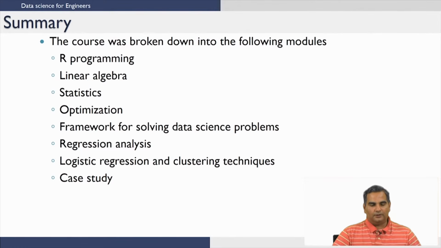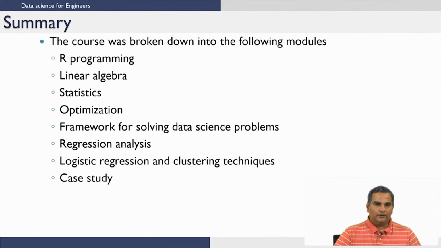We started with R programming as the programming platform for solving data science problems. So, we had a set of lectures explaining the important concepts of R programming that are useful from a data science viewpoint. We followed that up with lectures on fundamental ideas in linear algebra and statistics that are useful for data science and machine learning.